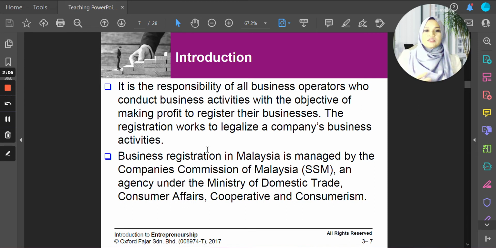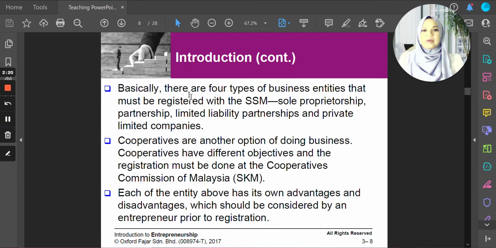Business registration in Malaysia is managed by the Companies Commission of Malaysia, an agency under the Ministry of Domestic Trade, Consumer Affairs, Cooperative and Consumerism. There are 4 types of business entities that can be registered with SSM: sole proprietorship, partnership, limited liability partnership, and private limited company.